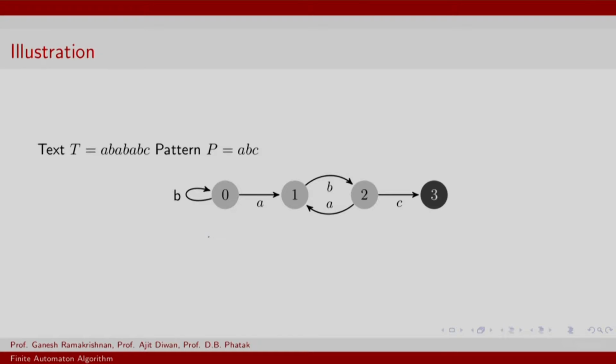It has four states: 0, 1, 2 and 3. So there is an accept state, a start state and two intermediate states. The sigma consists of A, B and C, which is the alphabet.